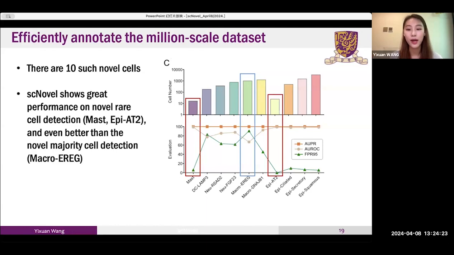But it achieves quite high performance on these two cell types in comparison with even the majority cell types. So scNovel shows great performance on novel rare cell type detection, and even better than novel majority cell type detection. Therefore, this success shows that our tool is especially dedicated to novel rare cell type detection.